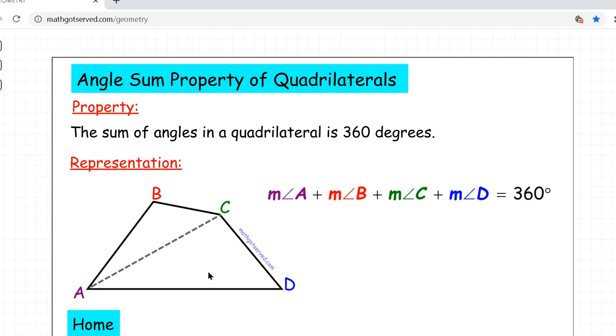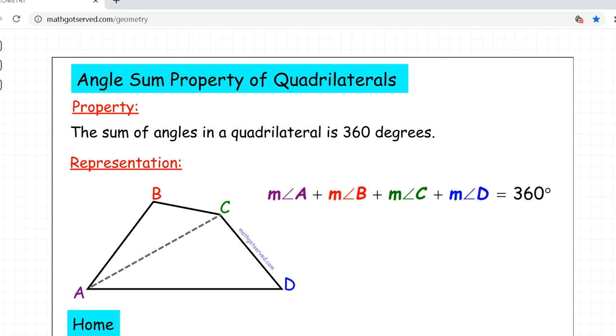So if you take a look at this quadrilateral, you can split it into 2 triangles. Triangle ABC is 180, triangle ACD is 180. So if you add those 2 together, guess what? You end up with the angle sum property of quadrilaterals. So this is basically 2 triangle angle sum properties combined together, okay?